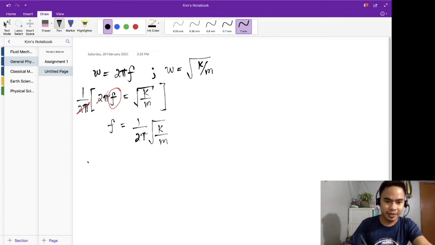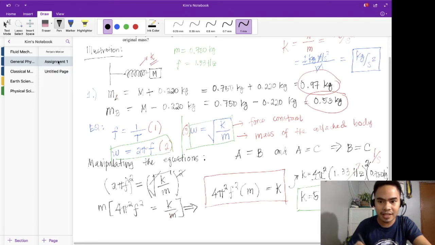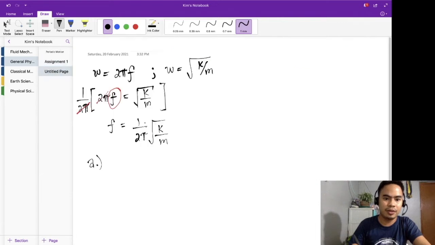Now for part a, this is where you add the 0.220 kilograms. We have solved that earlier, so the mass is 0.97 kilograms.